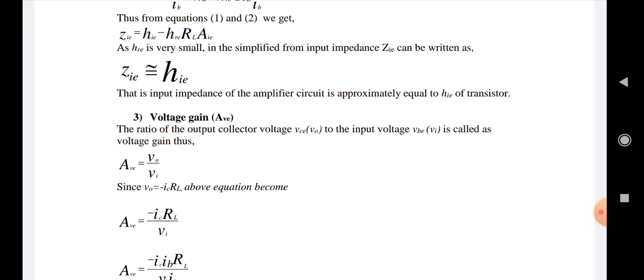Then A_ve is equal to V_o upon V_i, but V_o is equal to minus I_c, means collector current, into load resistance.